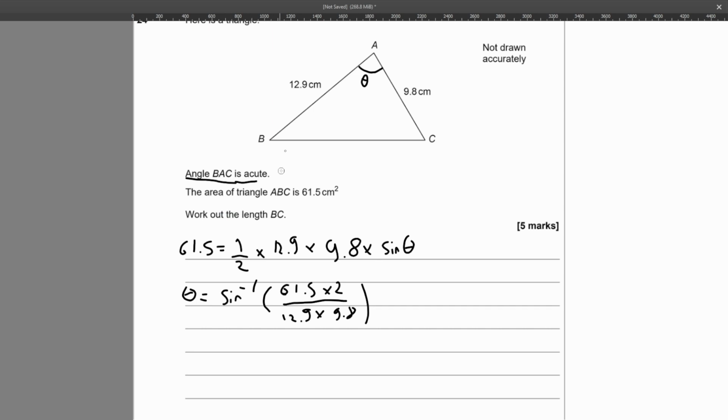Now it says to work out the length of BC, and to do this we can use the law of cosines. So let's call this length x.